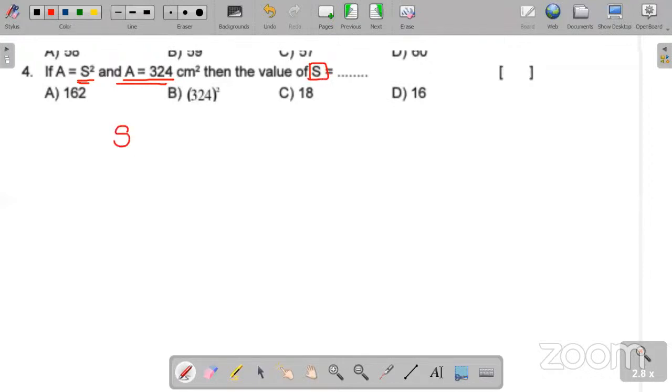That means given S square is equal to A, where A is 324. Now we need S. S is equal to the square root of 324. What is the square root of 324? What is our answer? What about those who are watching through the live stream? You need to respond.